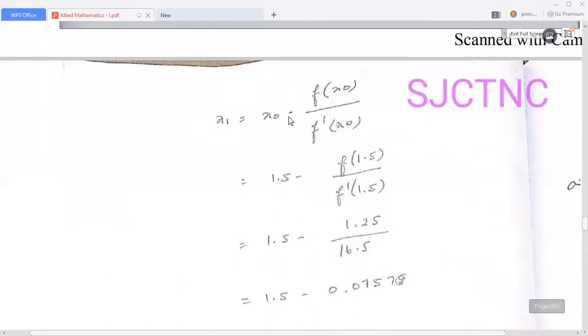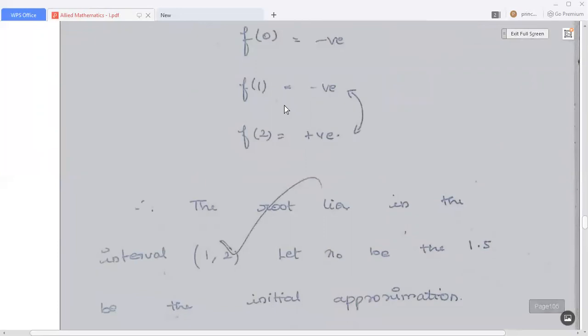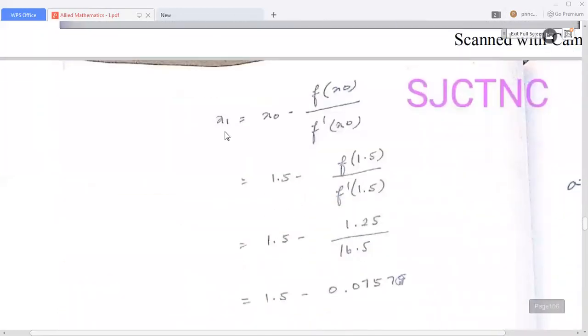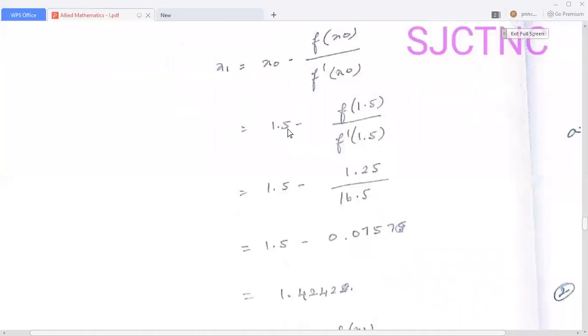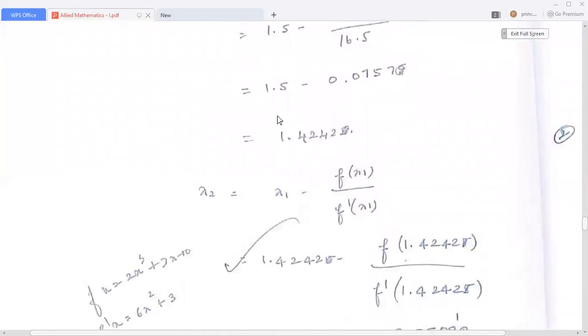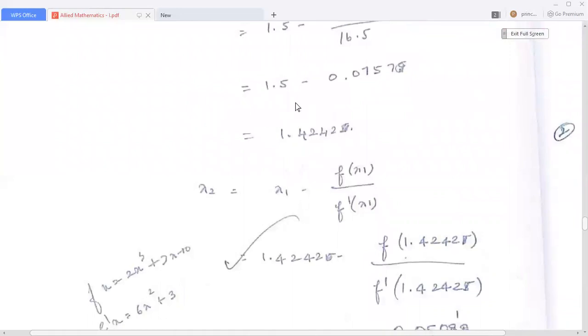Now we substitute x0 equal to 1.5 in f of x and f dash of x. Then we find x1. That is x1 equal to x0 minus f of x0 by f dash of x0, that is equal to 1.5 minus f of 1.5 by f dash of 1.5. When you calculate these values, we get x1 is equal to 1.4242.